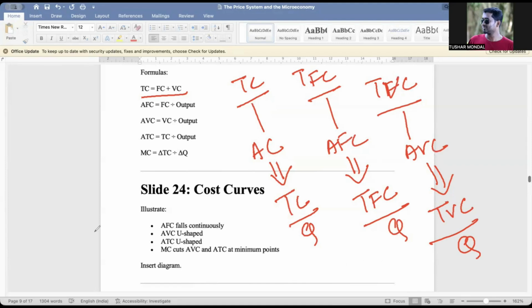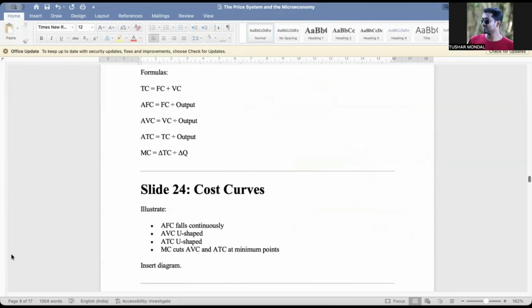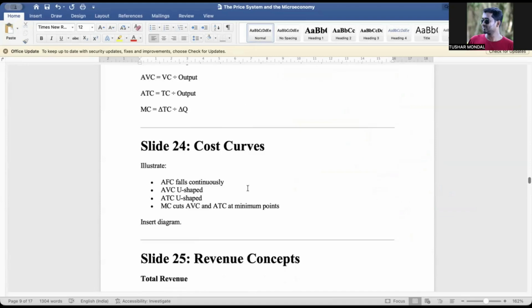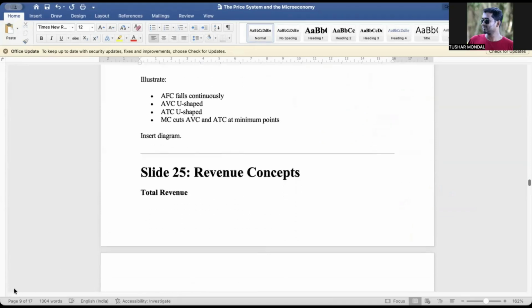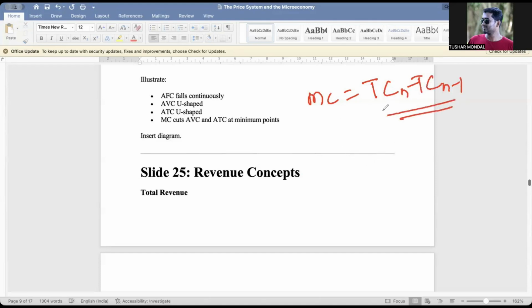One other point along with total cost, total fixed cost and total variable cost is marginal cost. We have seen it before, right? Marginal cost is nothing but total cost n minus total cost n minus 1. That formula we have already seen. At that place I can also write total variable cost n minus total variable cost n minus 1. Why?